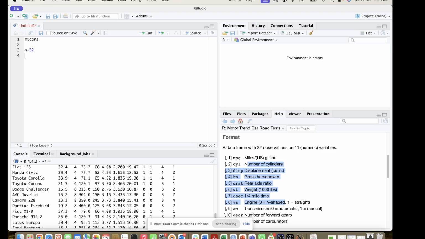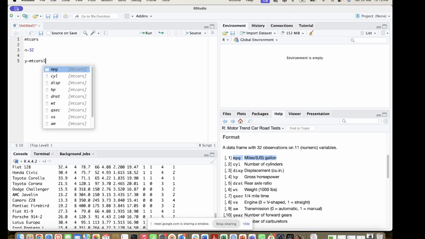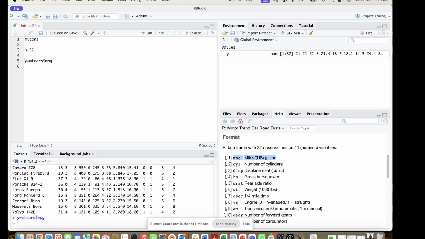Now for the time being, I am going to use x as weight and mpg as y. So let me assign that y equal to mtcars dollar mpg. This is my dependent variable.